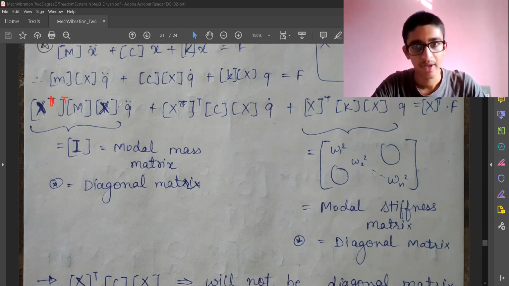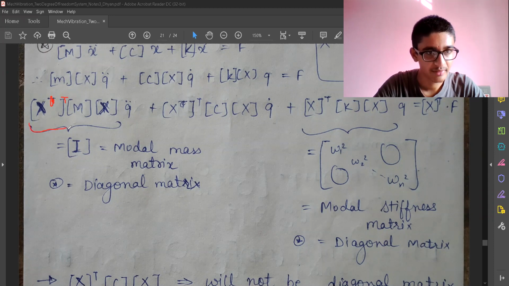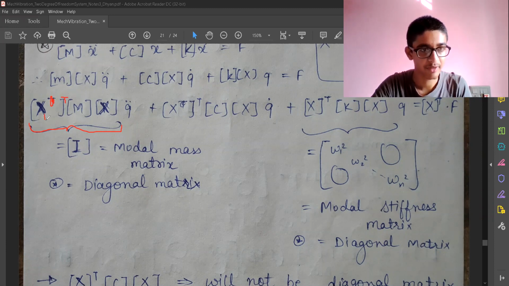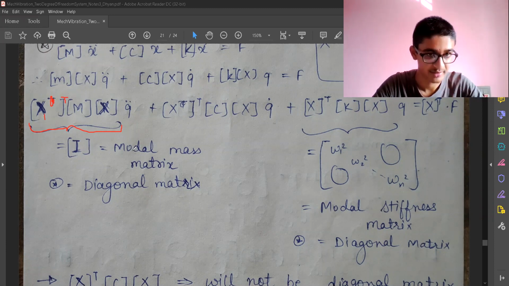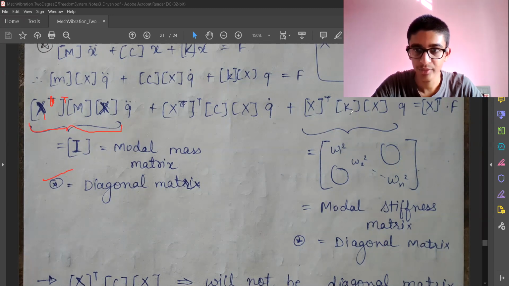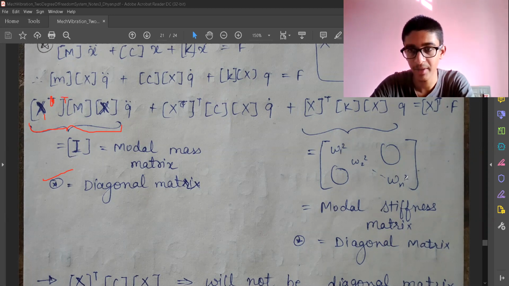Now we know that this combines to an identity matrix if this X, the modal vectors, are mass normalized eigenvectors. So we can get identity, which is called the modal mass matrix. The main point is that this is a diagonal matrix. Now let's come to this X transpose K X. That is also the lambda or eigenvalue matrix.